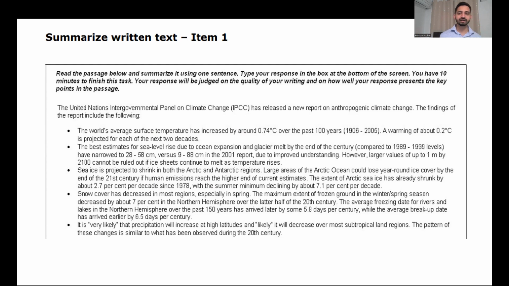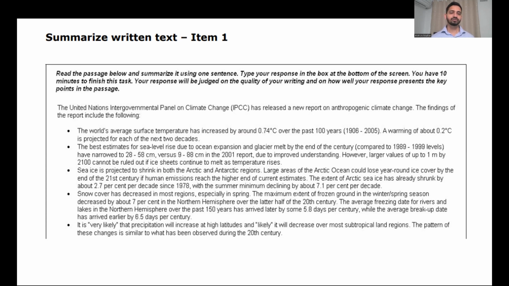Okay, so I'm going to read this out for you, and we will try to get a kind of sense of what the main topic is and what the supporting points are, and then I will share the summary with you. The United Nations Intergovernmental Panel on Climate Change, IPCC, has released a new report on anthropogenic climate change.